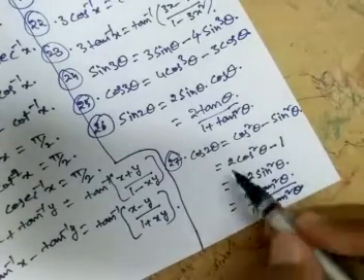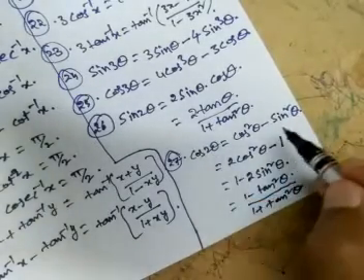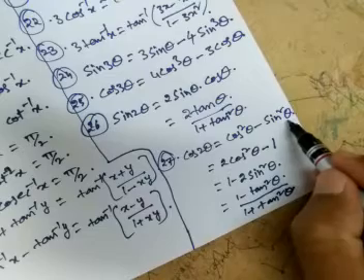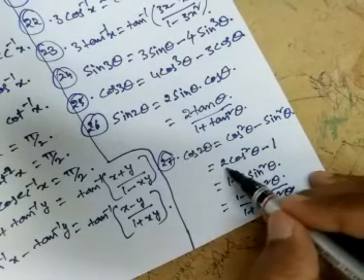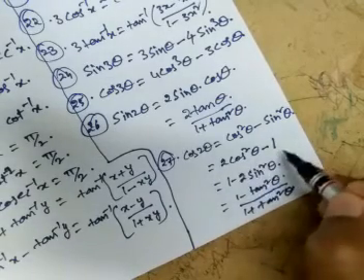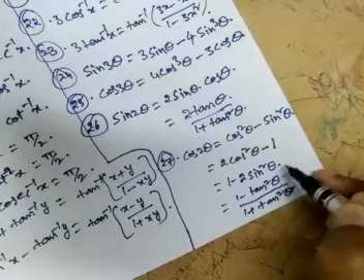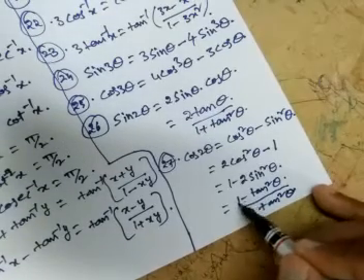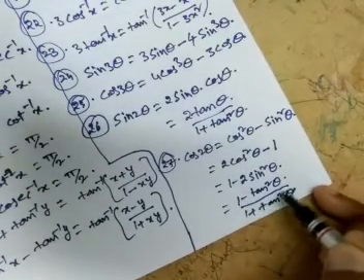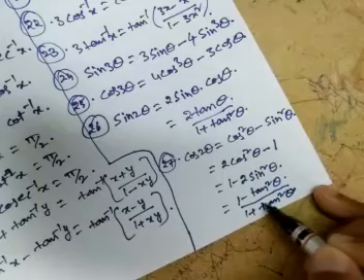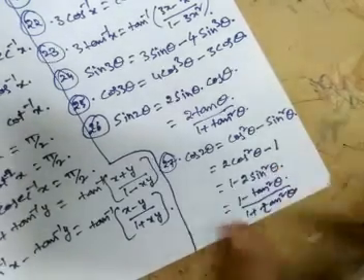So we have for cos 2 theta: cos square theta minus sin square theta, 2 cos square theta minus 1, 1 minus 2 sin square theta, and the final formula is 1 minus tan square theta by 1 plus tan square theta.